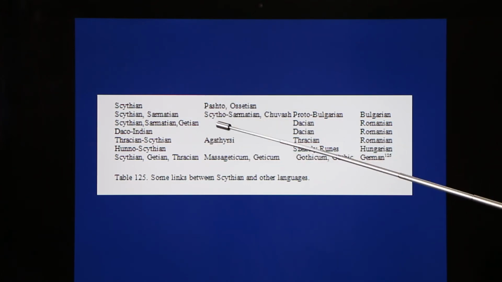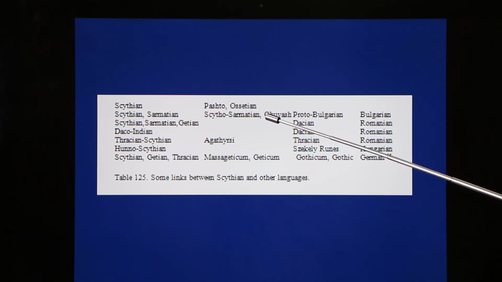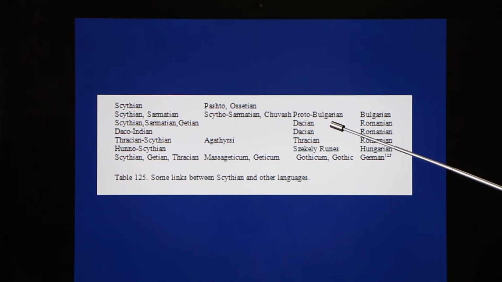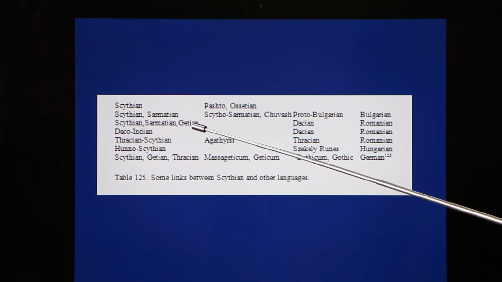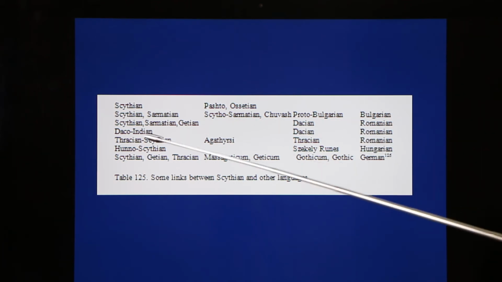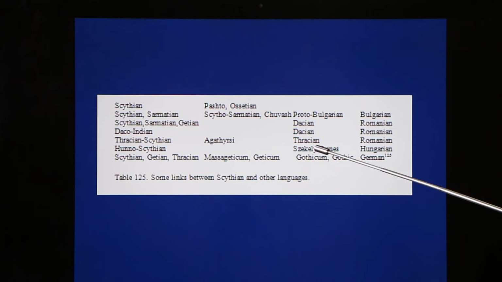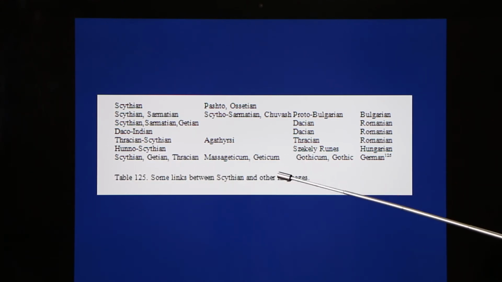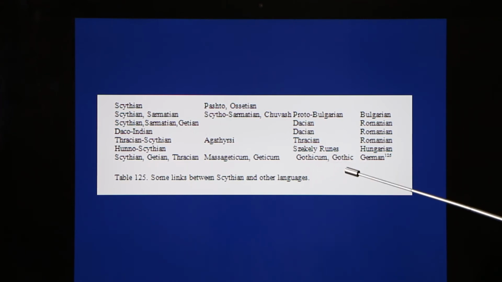So we have Scythians who are Pashto and Ossetians; Scythian Sarmatians who are Chuvash and Proto-Bulgarians; Scythian Sarmatians and Getians who are Dacians, who then become Romanians; Dacio-Indians who again become Dacians and Romanians; Thracian Scythians, who become the Agathyrsi, who become Thracians and Romanians; Hunno-Scythians, who become the authors of the Szekely ruins and Hungarians; and then Scythians, Getians, Thracians and Massagetians, who become Gothic German.